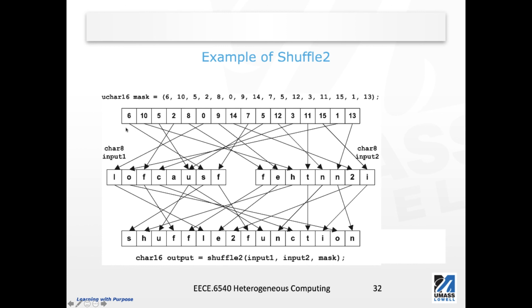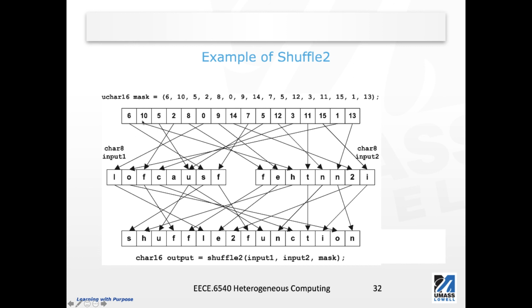We expect a mask that will use the values of these input vectors to build an output vector. Each of these input vectors has a size of 8, so together we have 16 elements in the 2 input vectors.